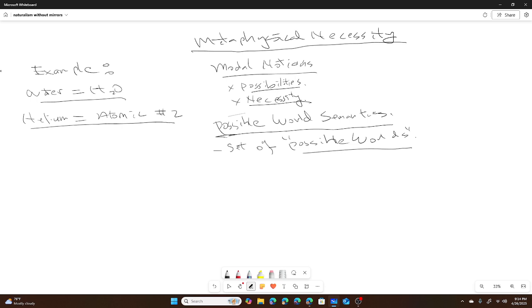We're not going to delve too much into the nature of possible worlds. Some say it's a maximal set of propositions. Some say a possible world is merely a world that is logically possible. But once we have this notion of a possible world, we can make sense of possibilities and necessities.